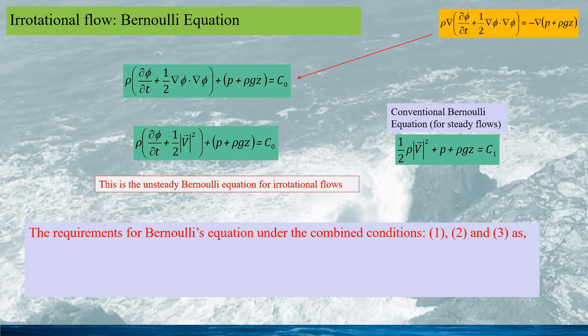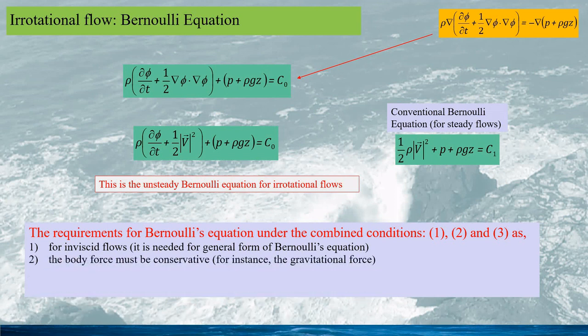However, as a basic requirement, Bernoulli's equation is satisfied under the following combined conditions 1, 2, and 3. The flow should be inviscid flow, and this is necessary for the general form of Bernoulli's equation.